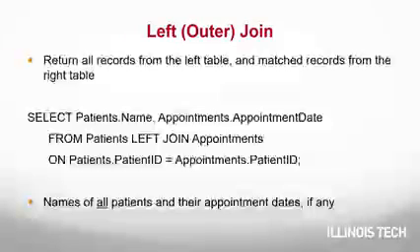On the other hand, if we have a patient whose patient ID matches no appointments, that patient will still come out in the result, will still get their name, but the appointment date will simply be the null value. So we'll get all the patients, and if they don't have appointments, it'll just be a null value.